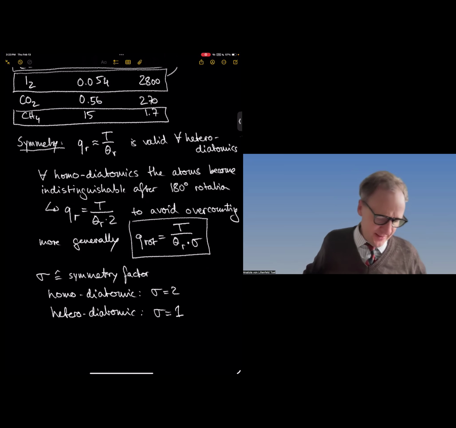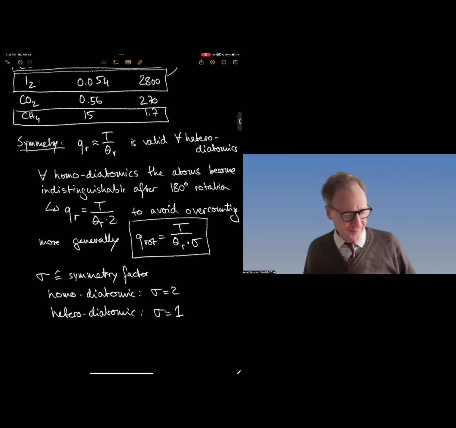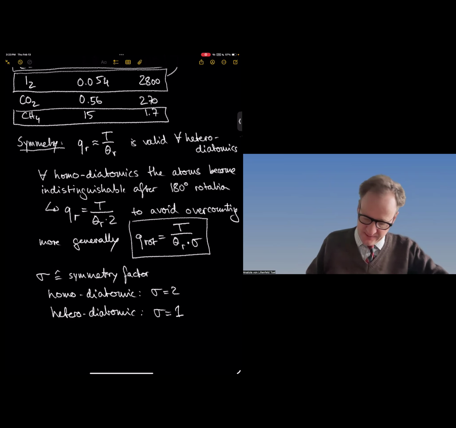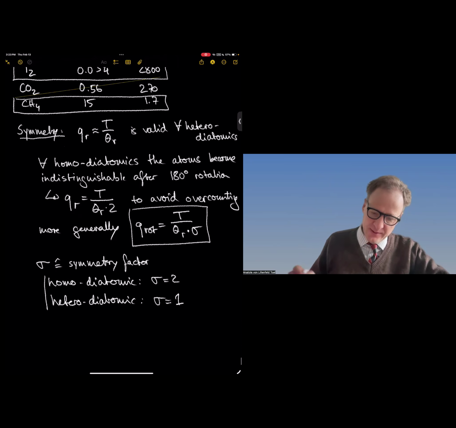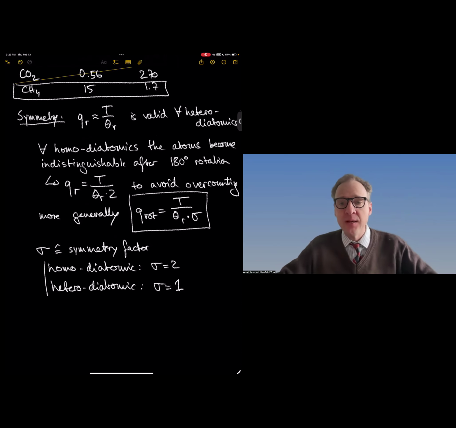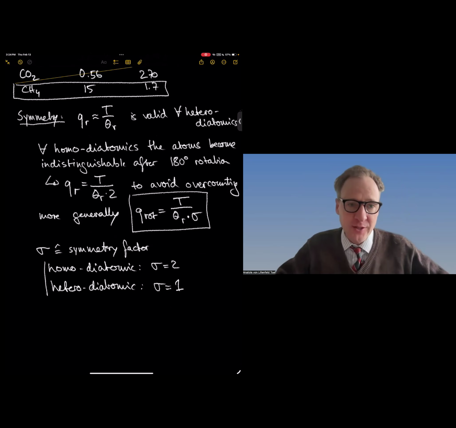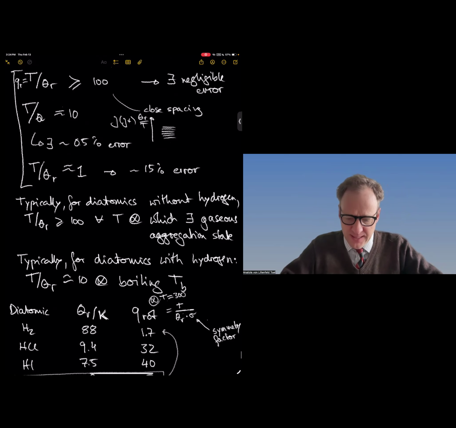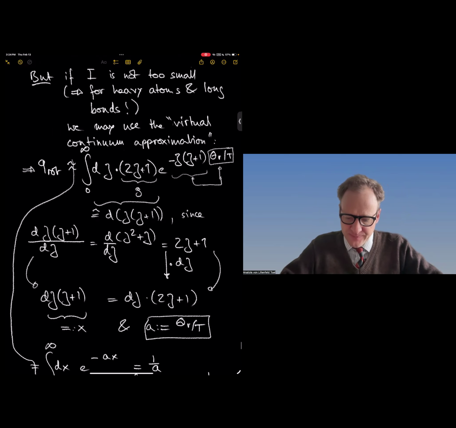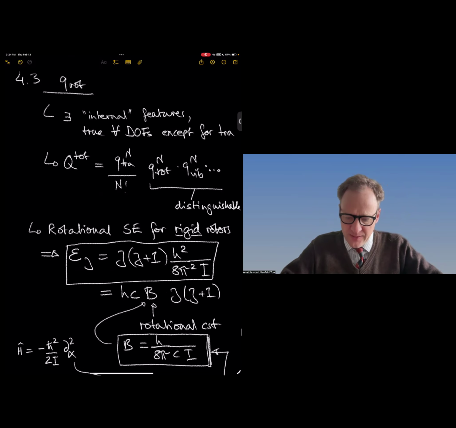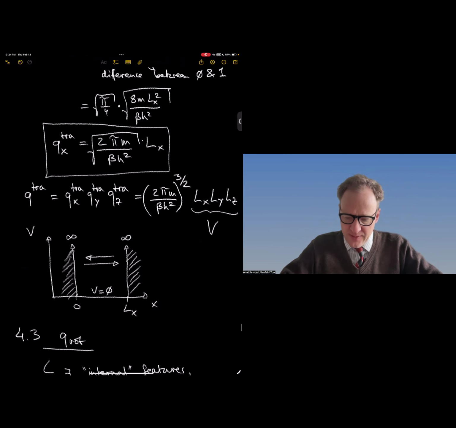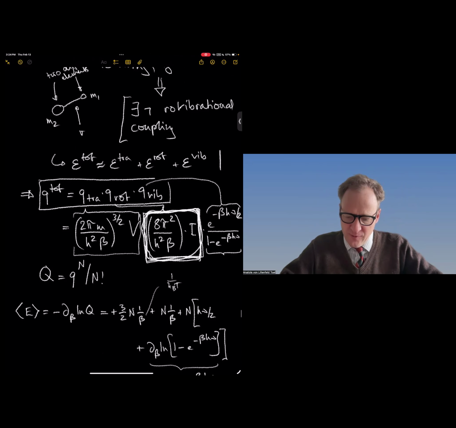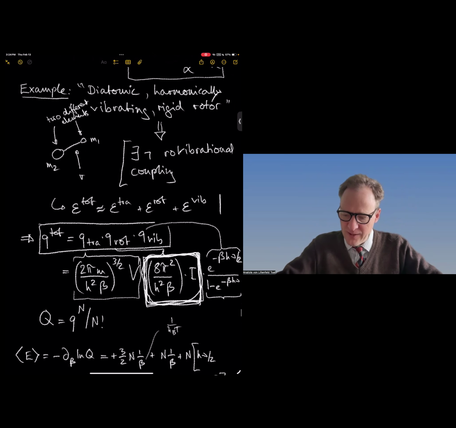This, in fact, can also be extended to nonlinear systems. This is something we haven't talked about yet in this discussion, because we are discussing the degrees of freedom for the diatomic system.